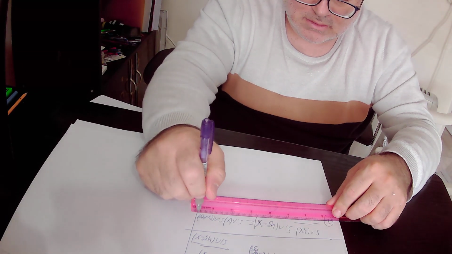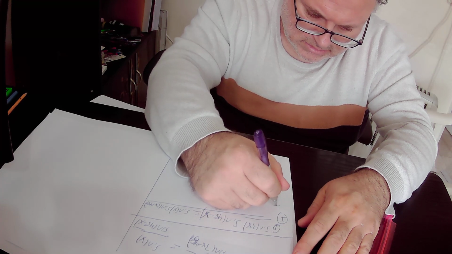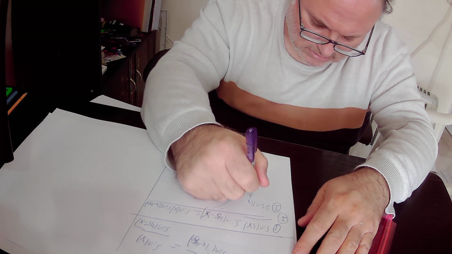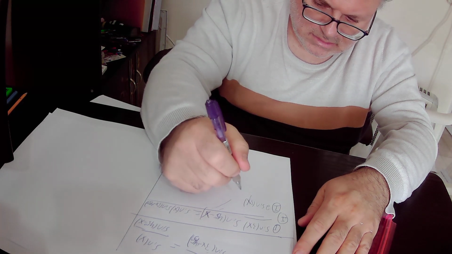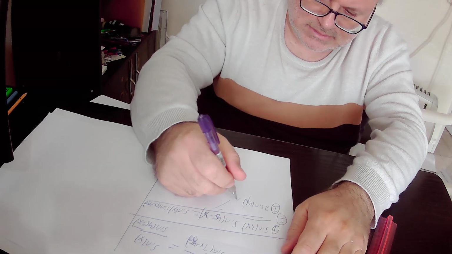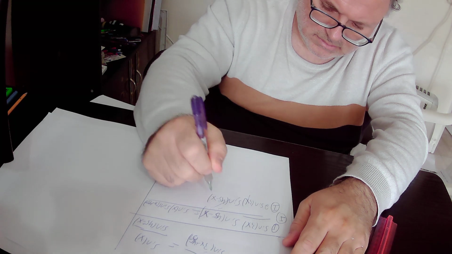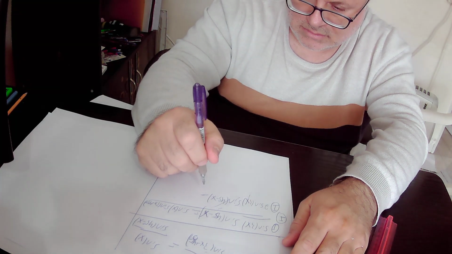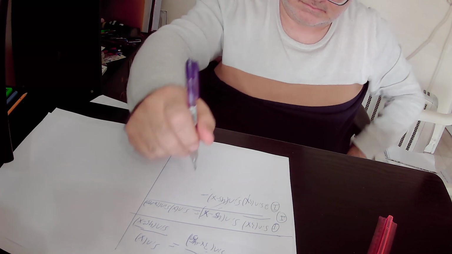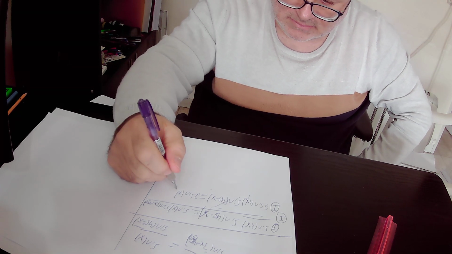Okay, so now we will multiply this equation by 2 and we will get that 2 sine 3x times sine (45 degrees minus x) equals 2 sine x times sine (3x plus 45 degrees).